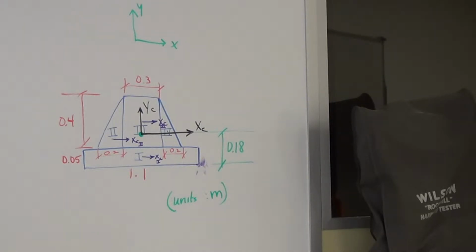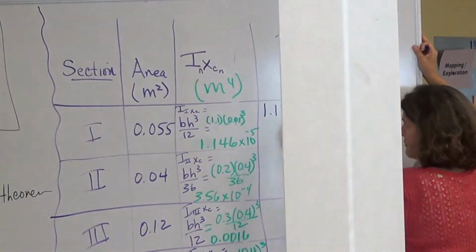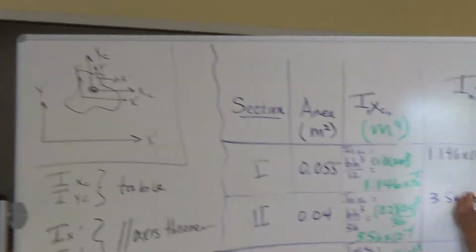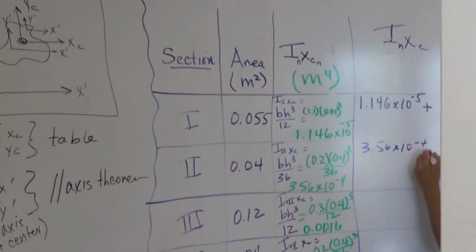And then this represents the centroid of the whole body. So I'm going to copy these numbers off: 1.146 times 10 to the negative 5 plus 3.56 times 10 to the negative 4.